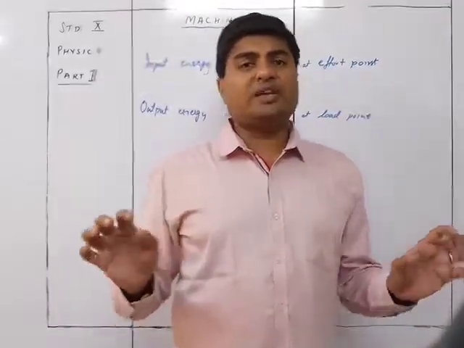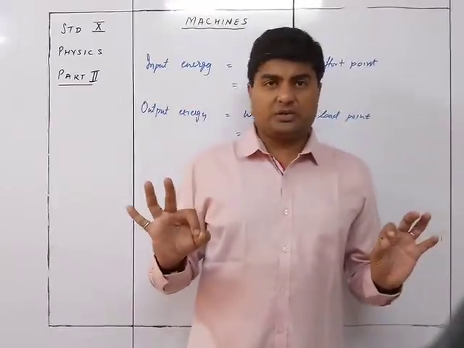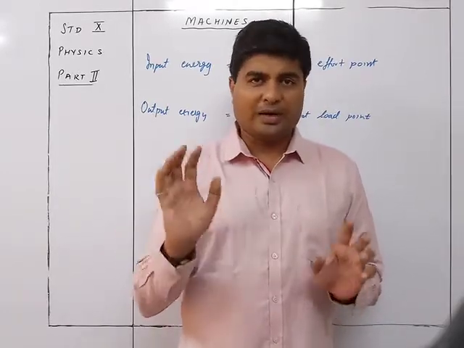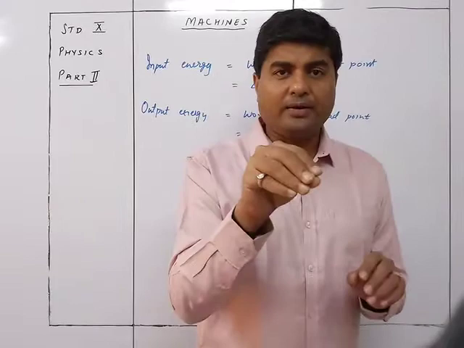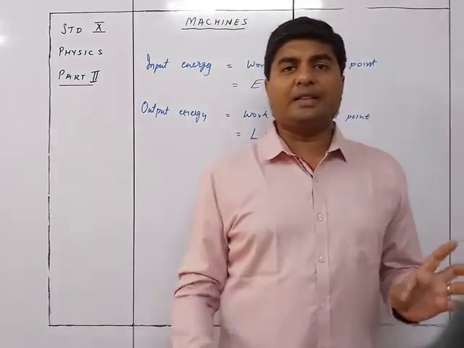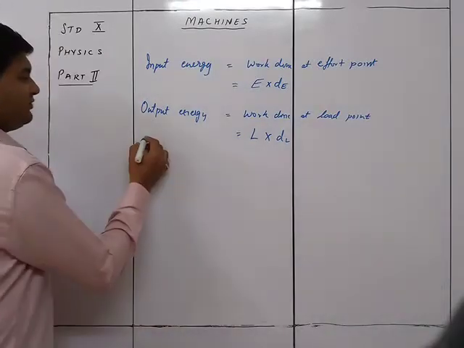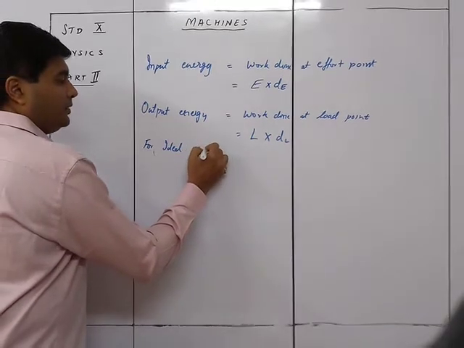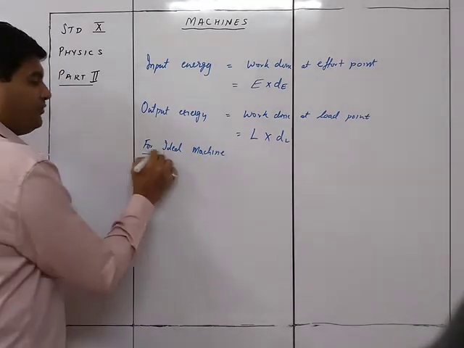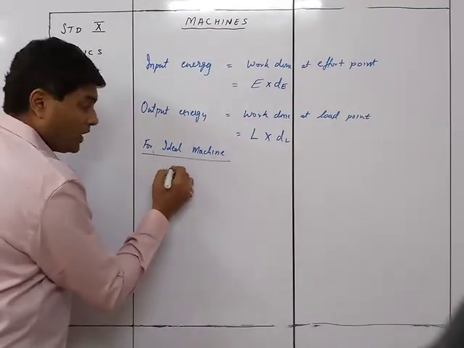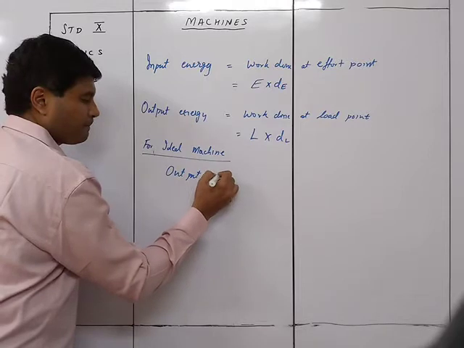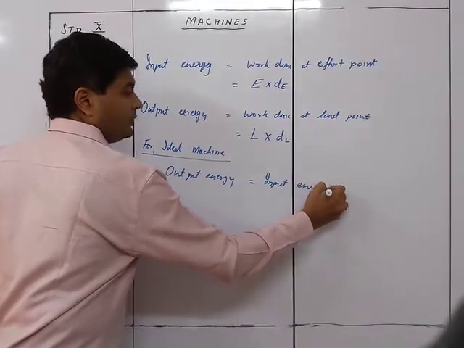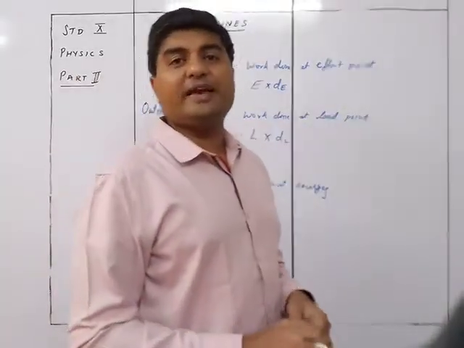An ideal machine is the one which does not have any losses. That means its efficiency is 100%. Whatever force, effort I applied, I get the same amount of load overcome. So whatever work done I have done at the effort, I am going to get equal amount of work done at the load. In such a case we say that for an ideal machine, that is 100% efficiency, output energy is equal to input energy.